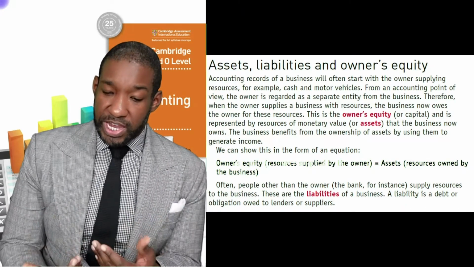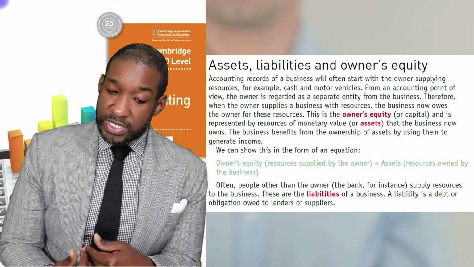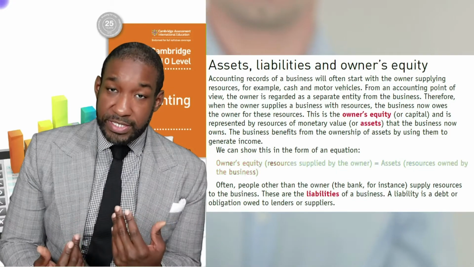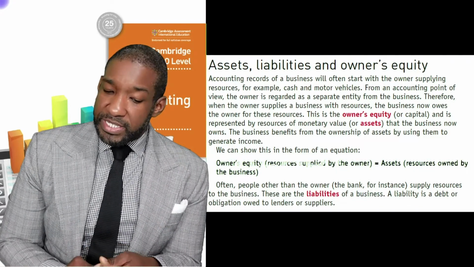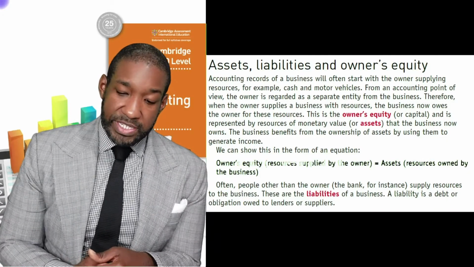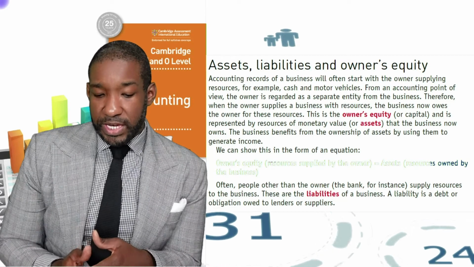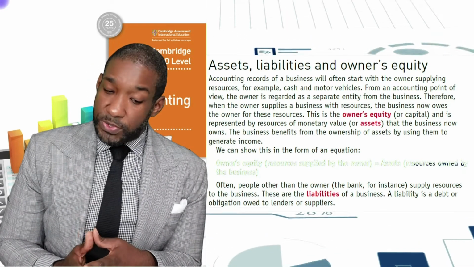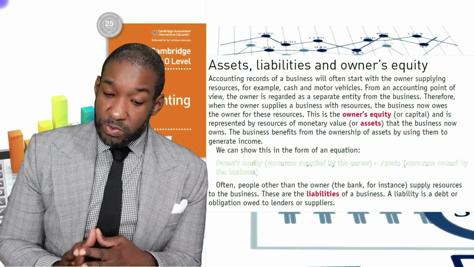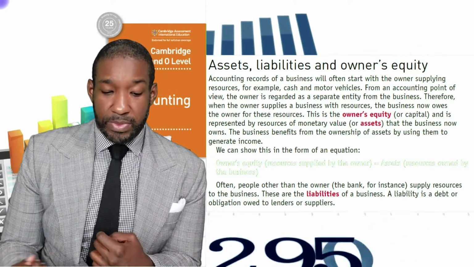This is the owner's equity, or capital, and is represented by resources of monetary value, or assets, that the business now owns. The business benefits from the ownership of assets by using them to generate income. We can show this in the form of an equation. Owner's equity, resources supplied by the owner, equals assets, resources owned by the business.